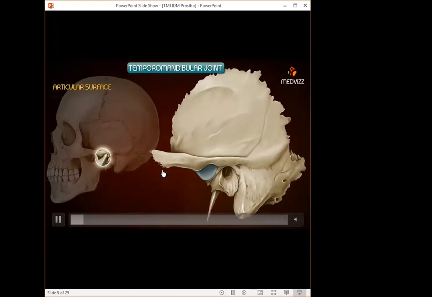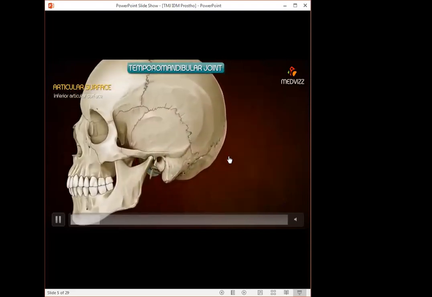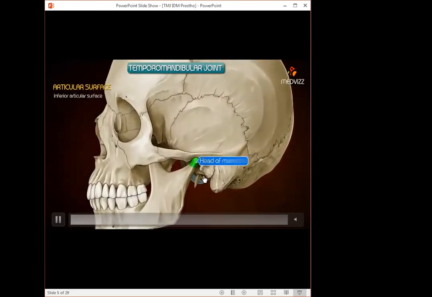If you look at the articular surface, the upper portion is from the temporal bone. You can see the articular tubercle, which is the elevation. Then you also have the articular fossa, which is a depression, and it is encased by the other processes of the temporal bone. And this is the condylar head of the mandible.